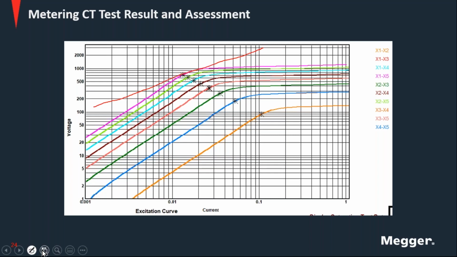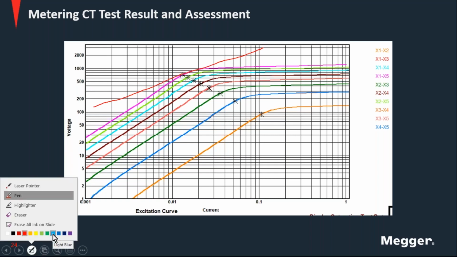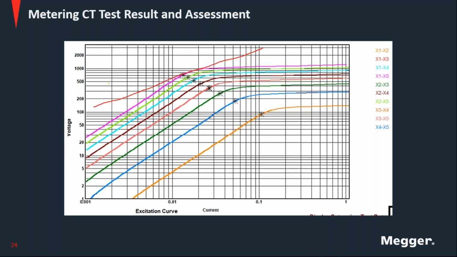Yeah, I see that Volney is painting there. Thank you, Volney. The knee point of current transformers. The number indicates the angle or the slope of the straight line from the coordinate origin at which a tangent line can be drawn to the excitation characteristic.